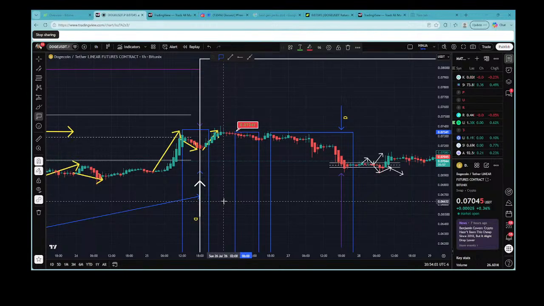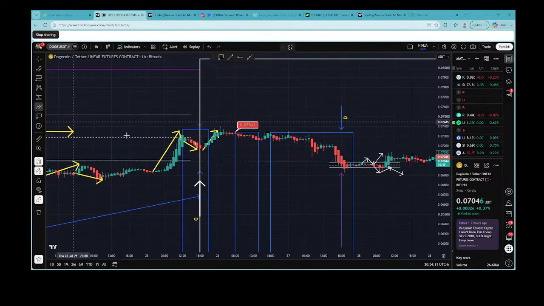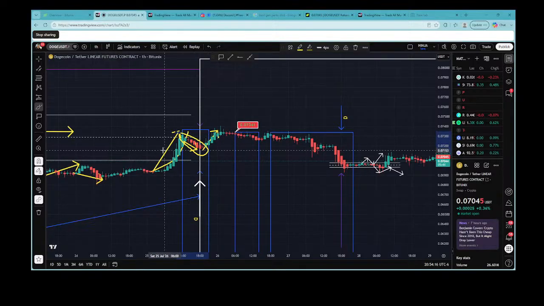Without using the daily, okay? Let's say your skill level's not there yet. You're just using the 1 hour. You see the 1 hour move here. There's a push. The first 1 hour box happens. There's your pullback, then you expect the bounce. And once you get that bounce, you expect the tops.